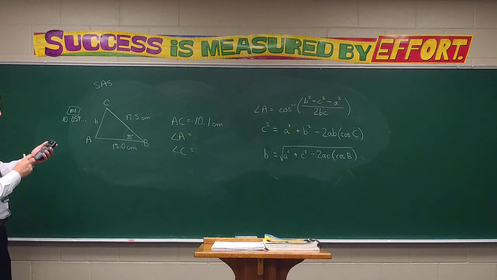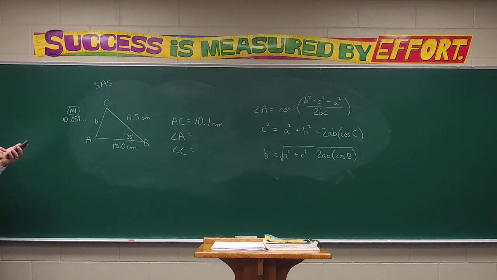Remember, b is the memory, so we're going to start with that memory squared plus c squared, which is the 15, minus the a squared, that's your 17.5.